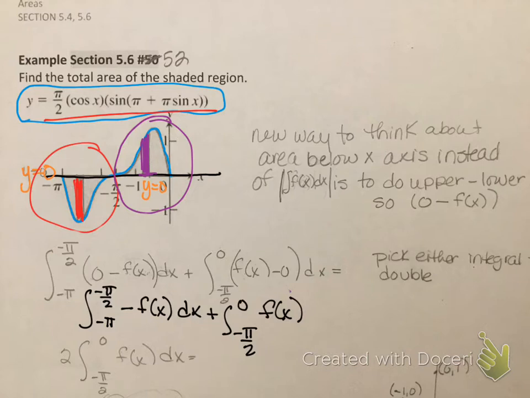Are you comfortable that those regions would be the same area? Don't know if you are or not because I can't hear you. But let me tell you that they are, and so I could use symmetry and just double one of the areas. I'm going to choose to double the purple area, only because it had that 0 right there.